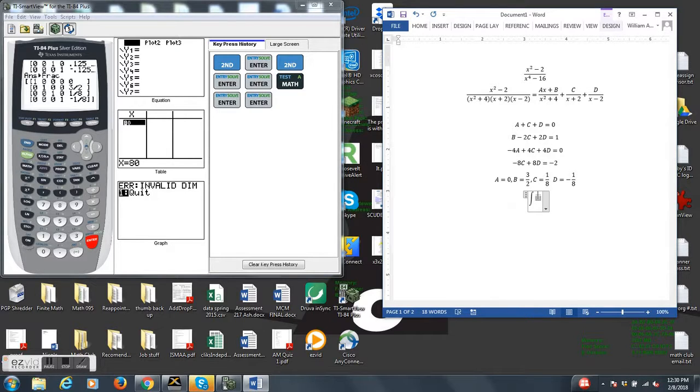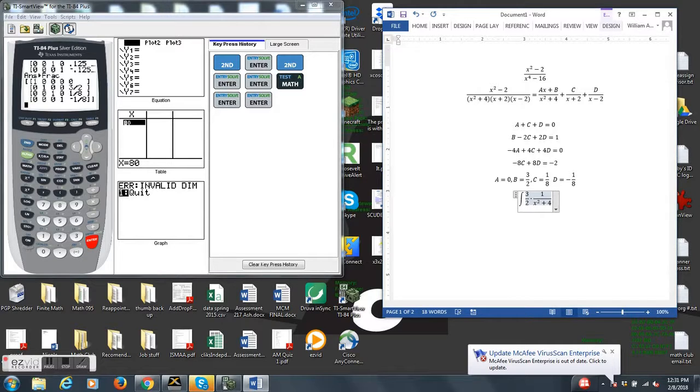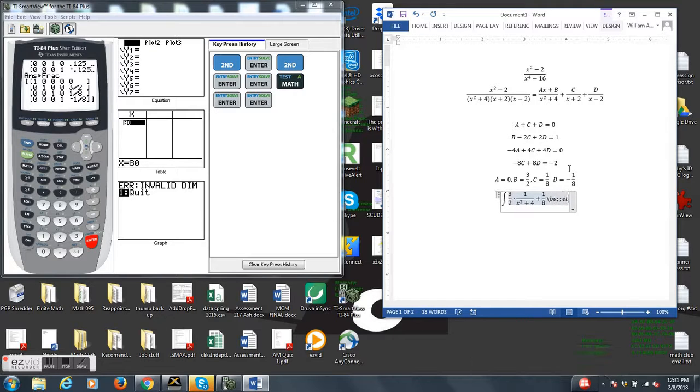So I'm going to say 3/2 times 1 over x squared plus 4, plus 1/8 times 1 over x plus 2, minus 1/8 times 1 over x minus 2 dx.